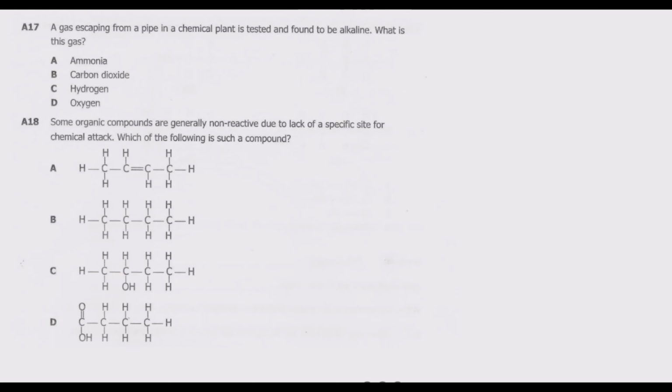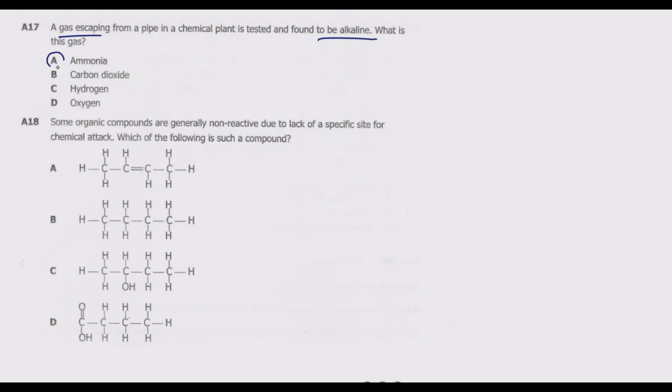Question 17. A gas escaping from a pipe in a chemical plant is tested and found to be alkaline. What is this gas? So if you look at the question, the clue is, one, the key is this is a gas. Number two is an alkaline gas. So an alkaline gas is basically what is it? So we have ammonia.